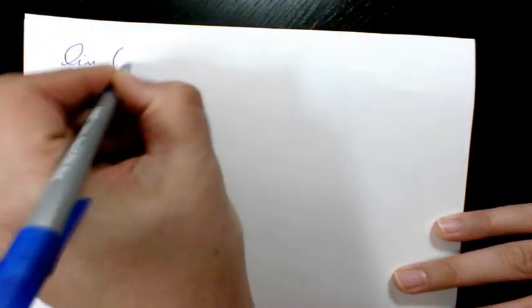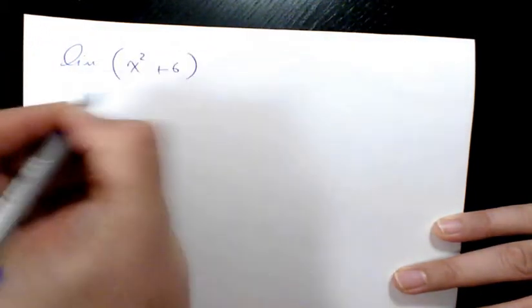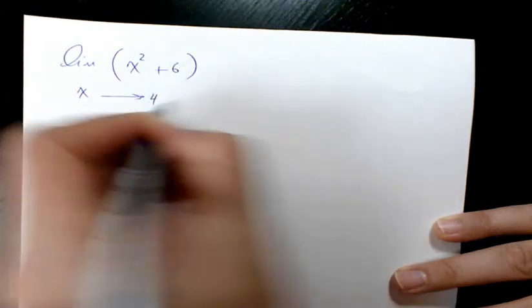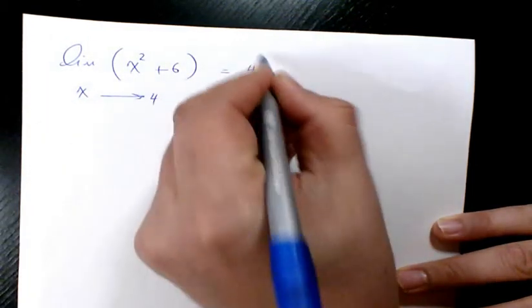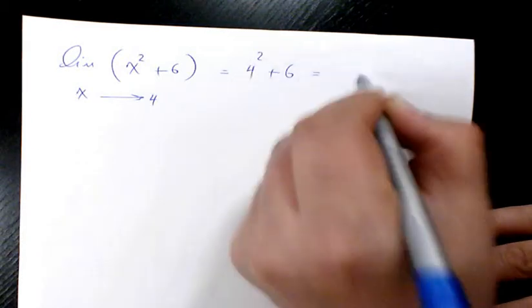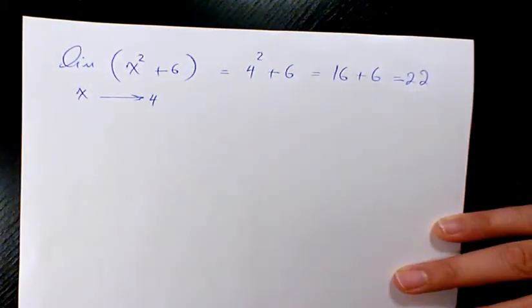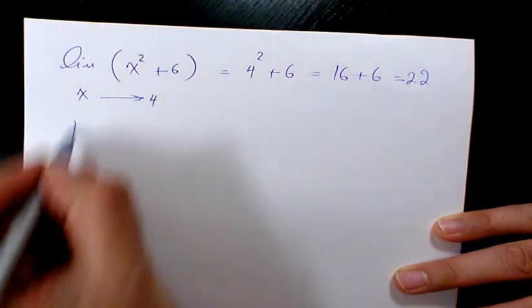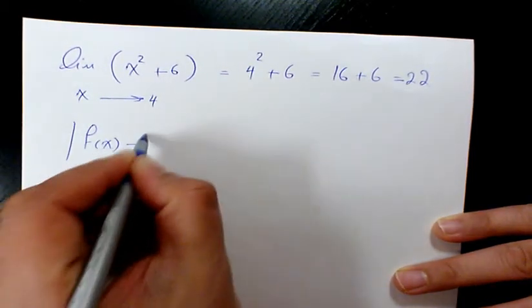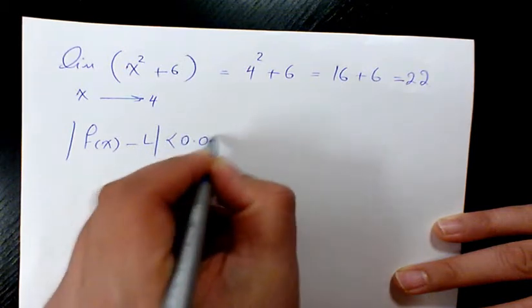Here it says limit of x squared plus 6 when x is approaching 4. If you want to evaluate it, we're going to say 4 squared plus 6. That's going to be 16 plus 6, and that's going to be 22. So the L value is 22. F of x minus L has to be less than 0.01.